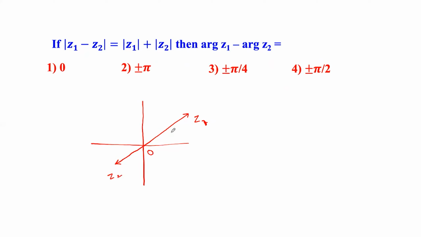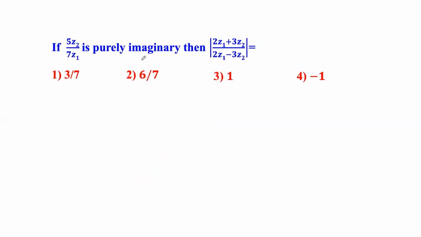From the origin, this is mod Z1, this is mod Z2. So this length is mod of Z1 minus Z2, which equals mod Z1 plus mod Z2. So both are opposite to each other, so the angle between them will be either pi or minus pi. So going for the next one, right?